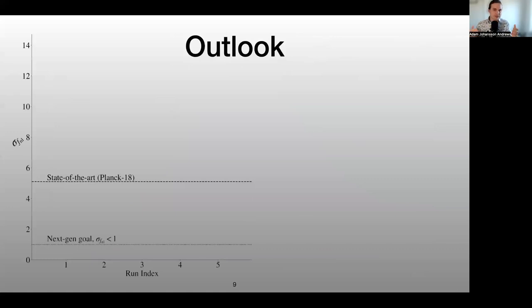I mentioned earlier that this posterior distribution was the result of a higher resolution. We've also been running with a lower resolution in order to see the effect that resolution has on the final data product.